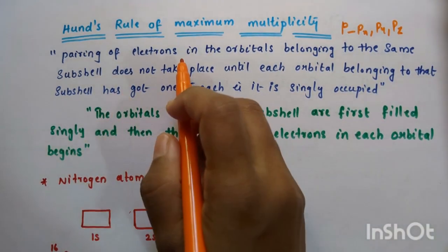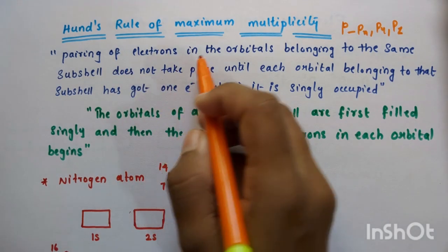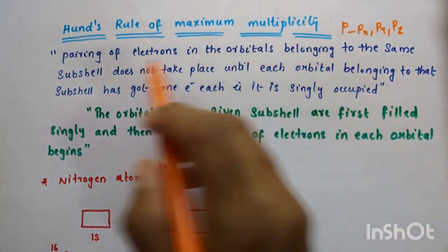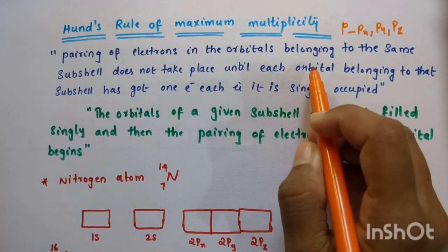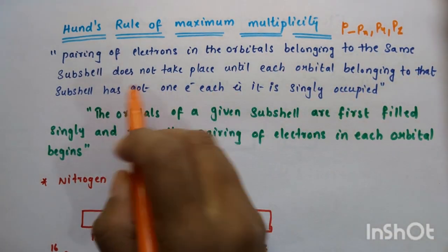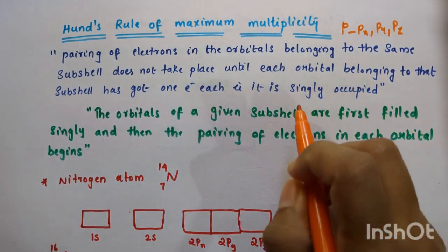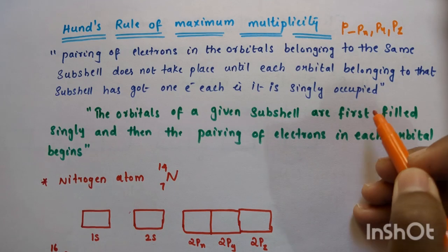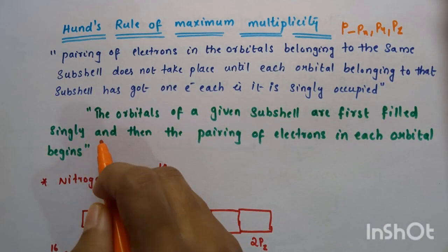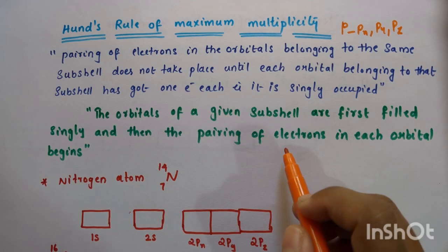Hund's rule of maximum multiplicity states that the pairing of electrons in the orbitals belonging to the same subshell does not take place until each orbital belonging to that subshell has got 1 electron each and is singly occupied. That is, the orbitals of a given subshell are first filled singly and then the pairing of electrons in each orbital begins.